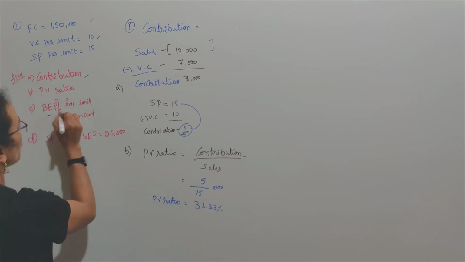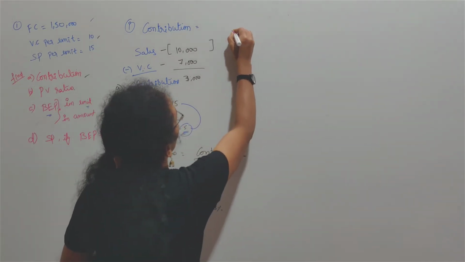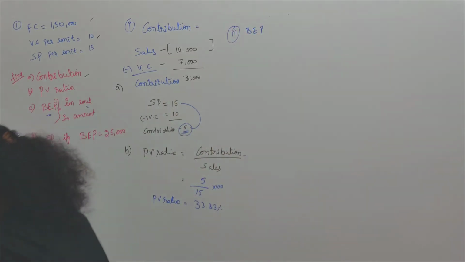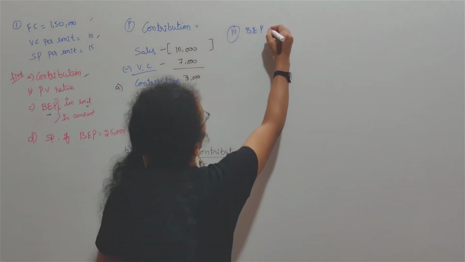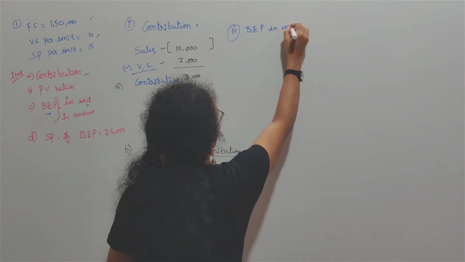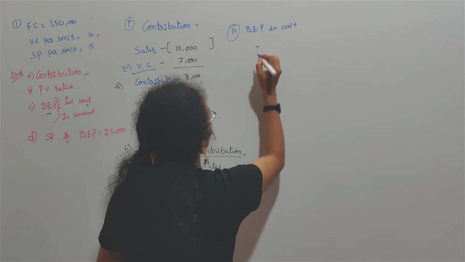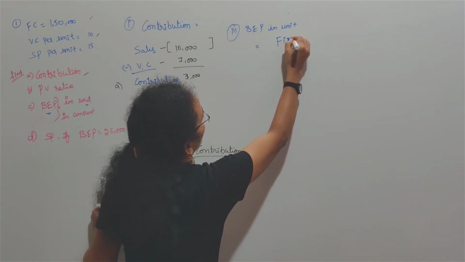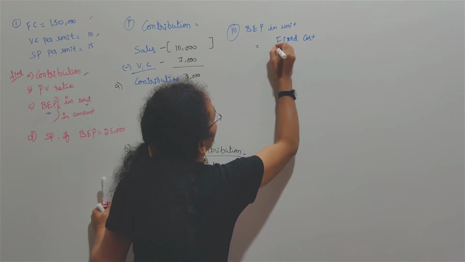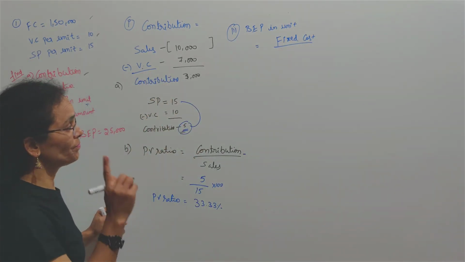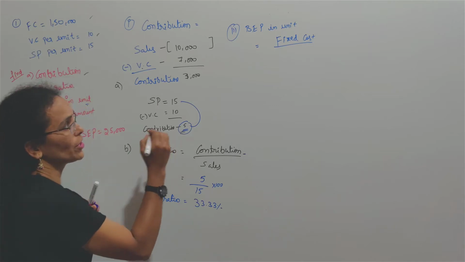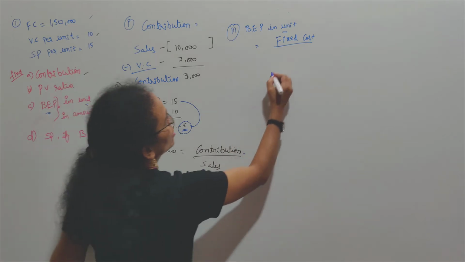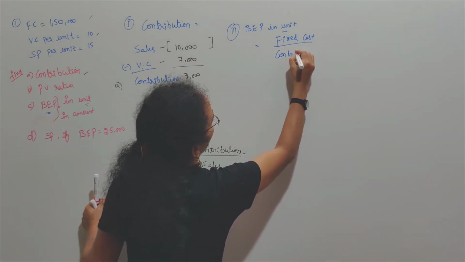And next one, break-even point in terms of units. What is the formula for the break-even point? Fixed cost upon contribution per unit. Here it is saying units, so contribution per unit is 5 rupees.